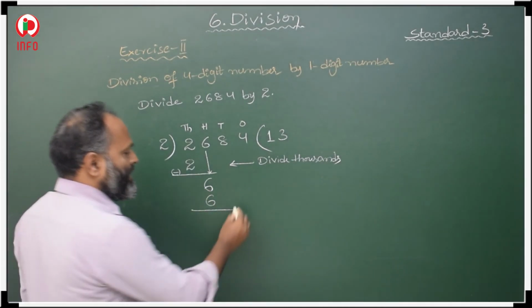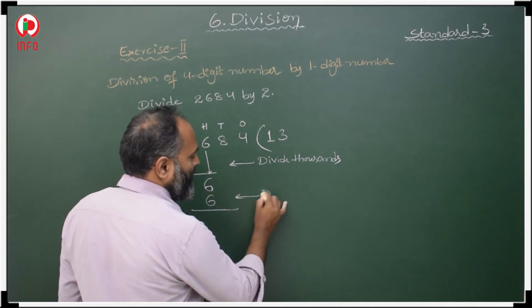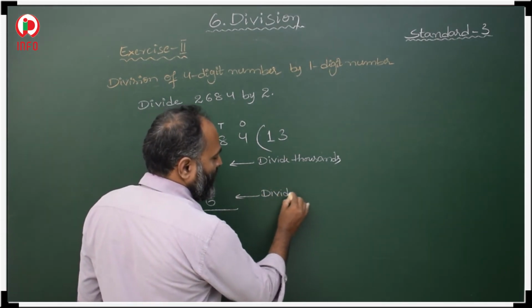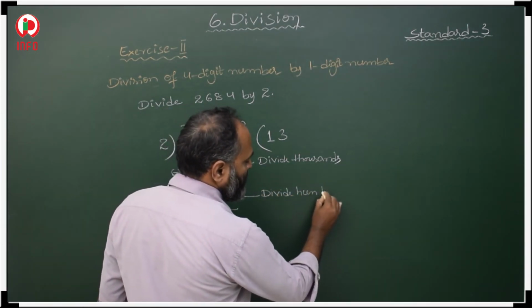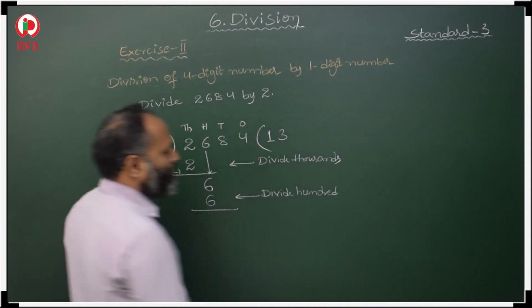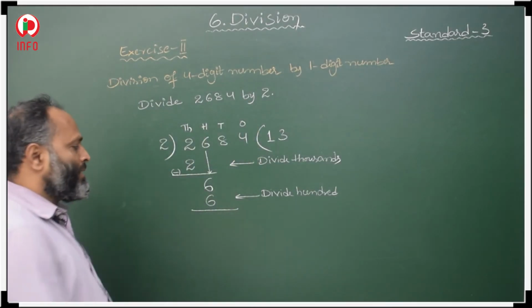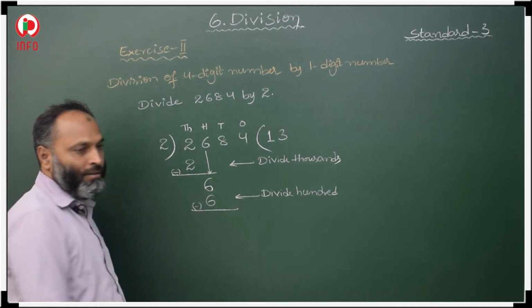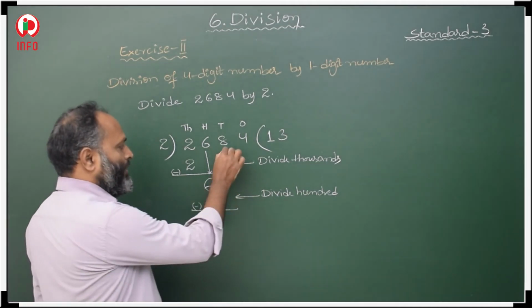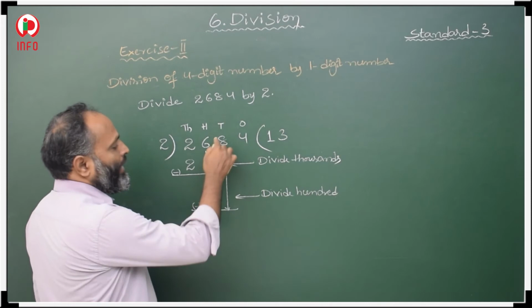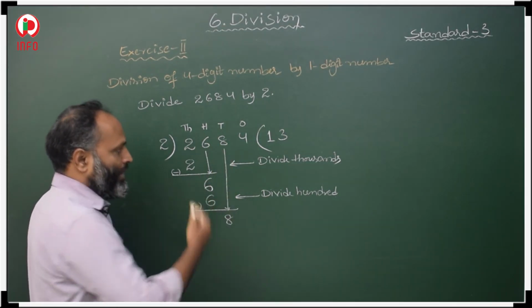So this is divide hundreds. Okay, then 6 minus 6 is 0, no need to write. Then after that you have to take tens, that is 8, copy 8.